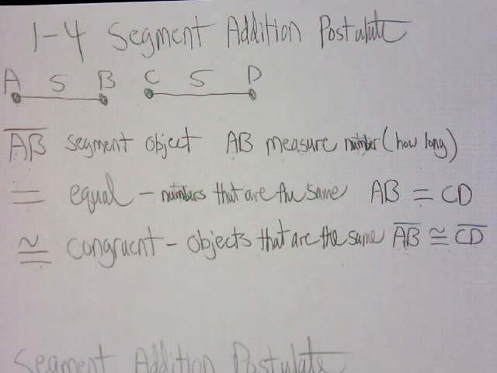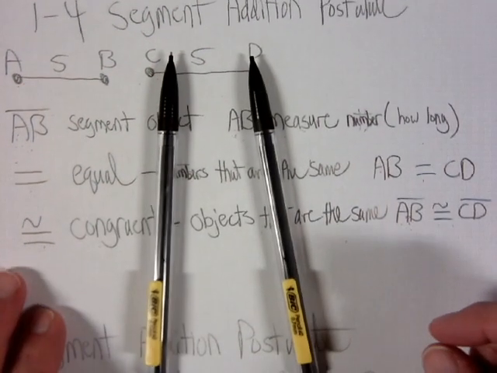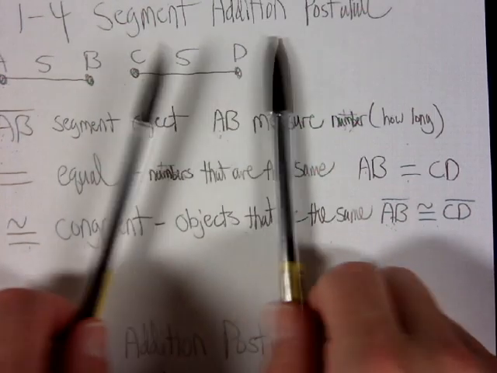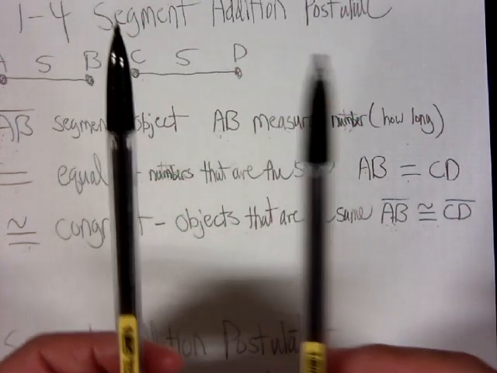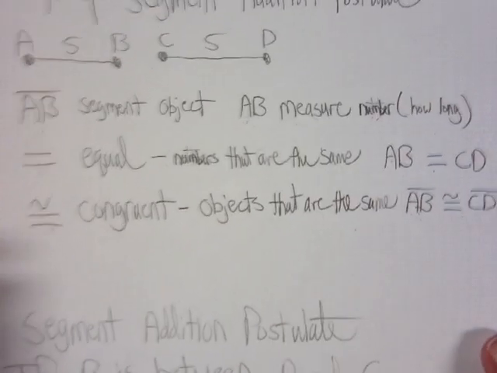Between two pencils that are exactly the same, I would put congruent because pencils are objects. So I would say that these two pencils are congruent. That means they have the same size and the same shape. So keep that in mind. Equal is for numbers, congruent is for objects.